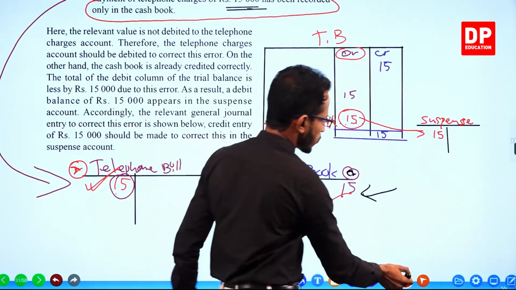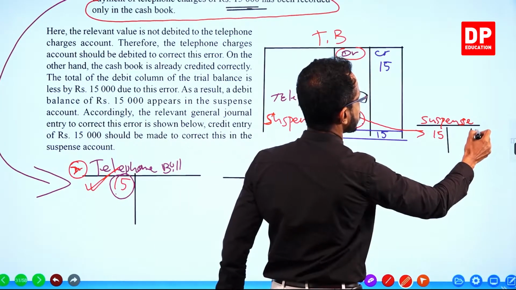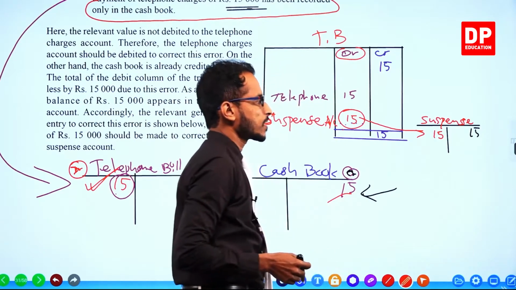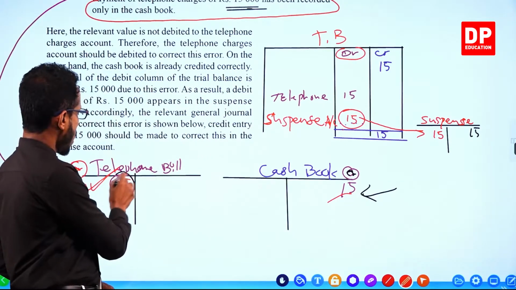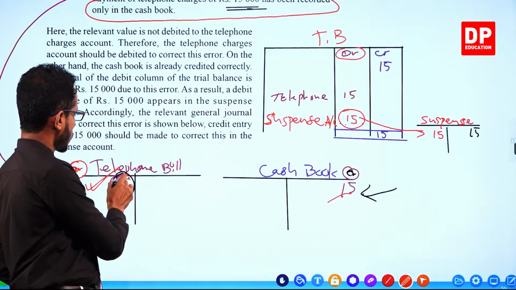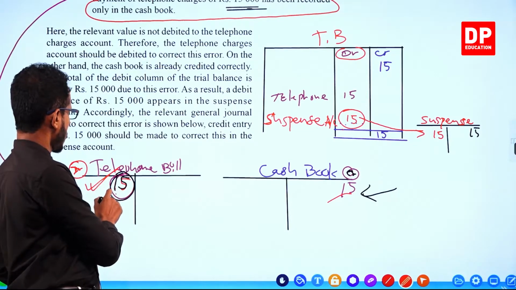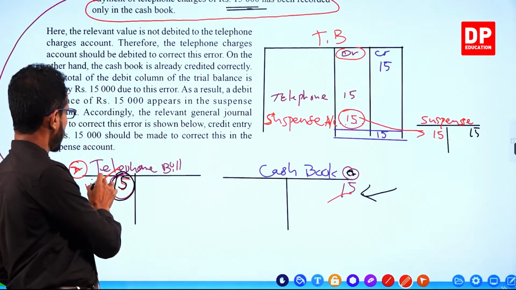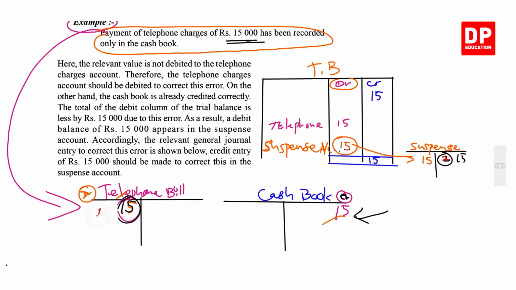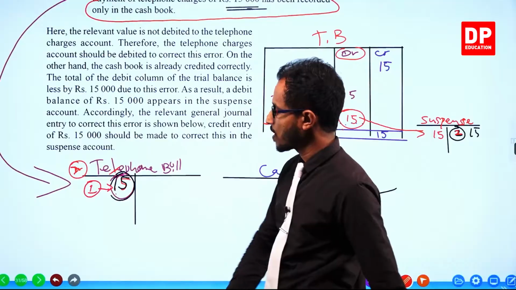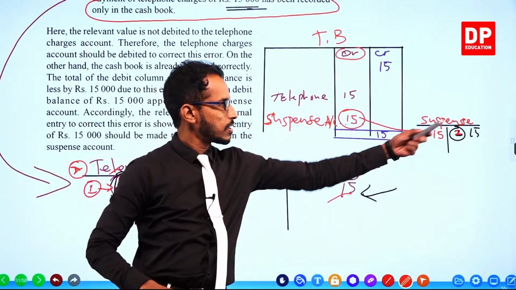Now it should be cancelled off. Suspense account should be credited 15,000. This is the double entry. This is the first entry, and this is the second entry.